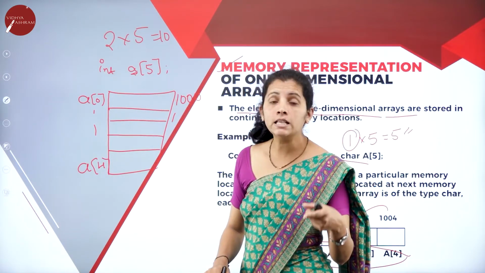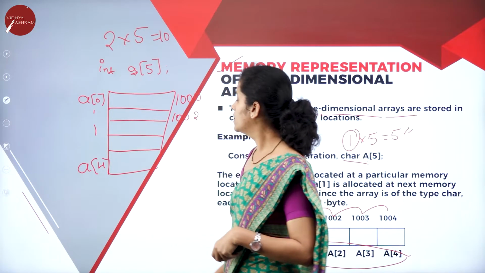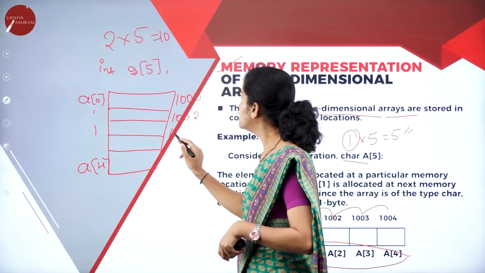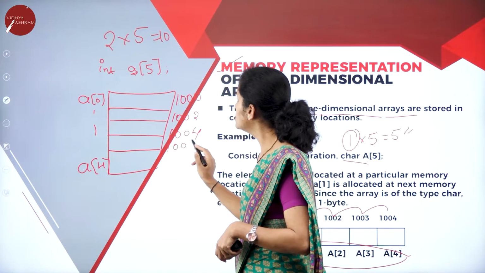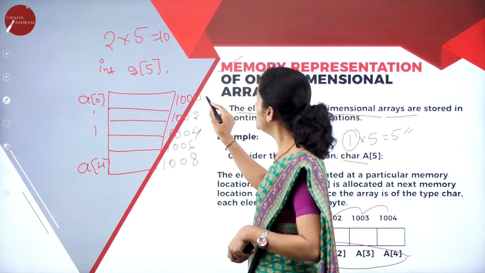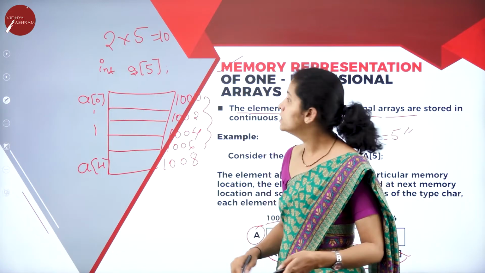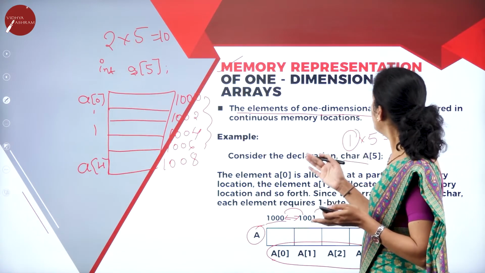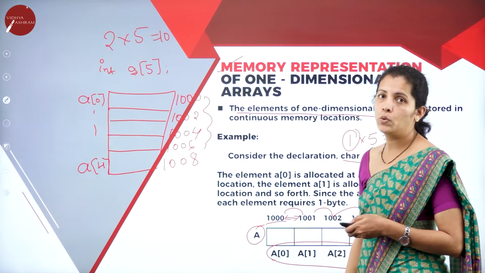Then what is my next cell address? It is 1002. If I consider third one, it is 1004. And fourth one 1006 and last one 1008. So each time I'm going to increment by 2. This is the way I can able to represent the arrays in my memory.